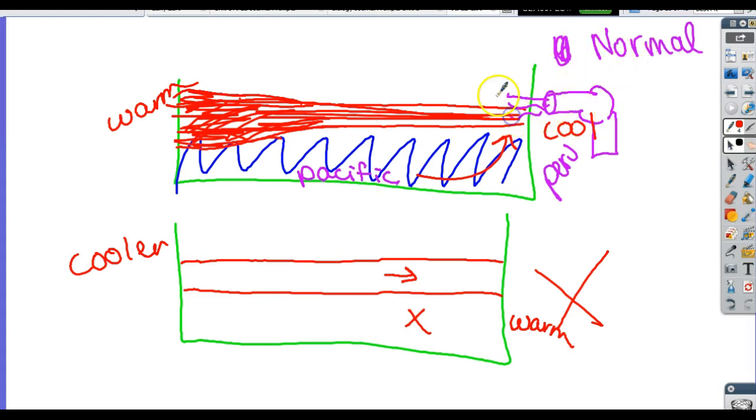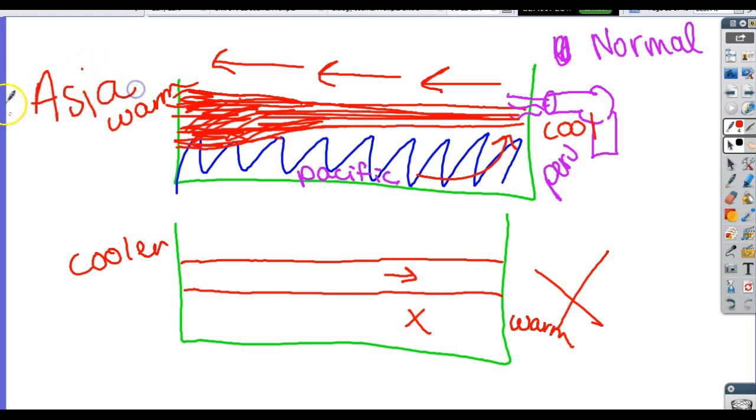That hair dryer is pushing a lot of that hot water over to this side, right? And over here we have Asia and Australia, okay? So it's really warm over here. In Peru, it's nice and cool, and we get all of this water upwelling, that cold, nutrient-rich water. This is normal conditions with the hair dryer because these are our trade winds.